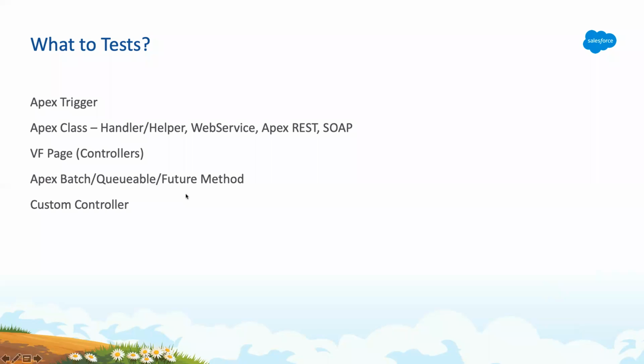Next, you have to have test coverage for batches, queueable classes, future methods, as well as any other custom developments. You have to have at least 75% of test coverage to deploy the changes into production.